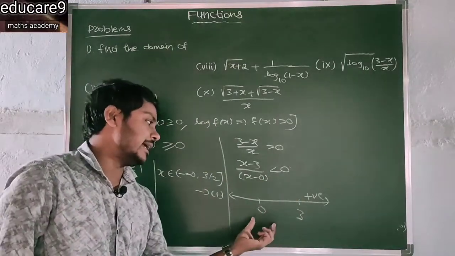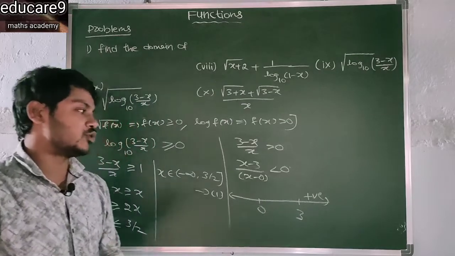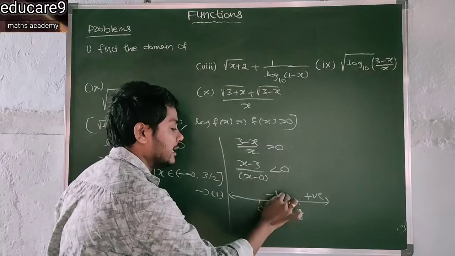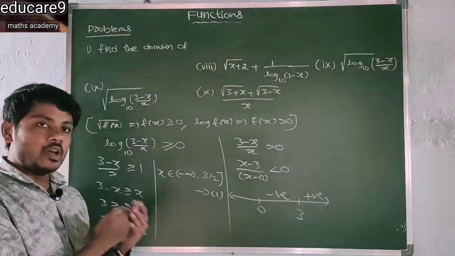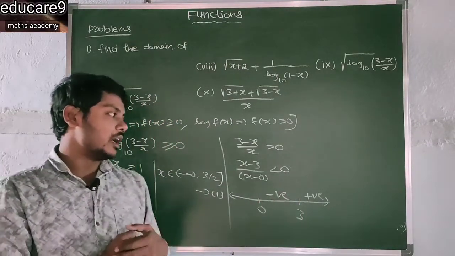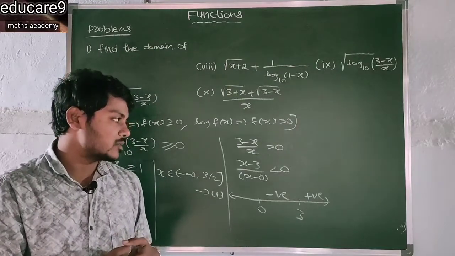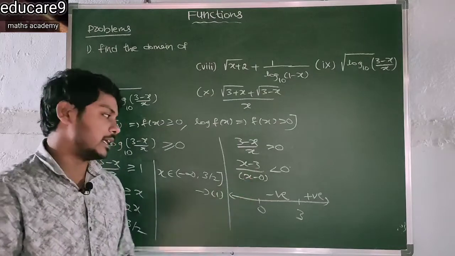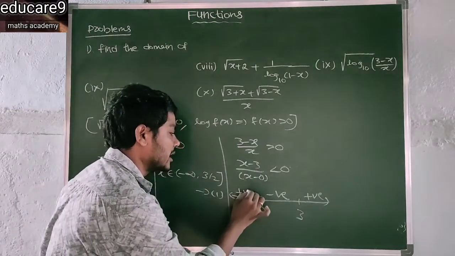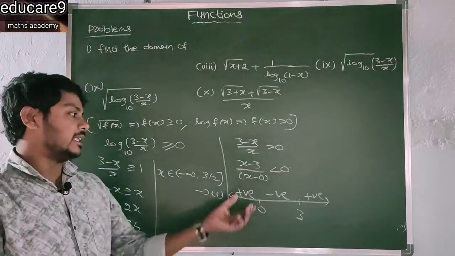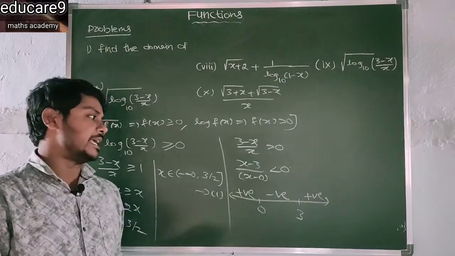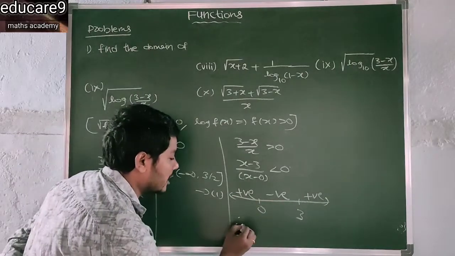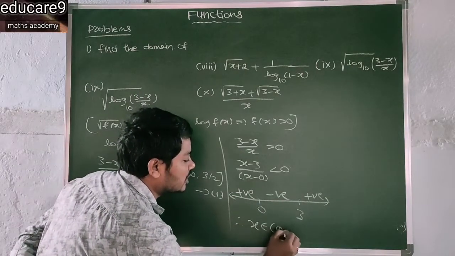If x lies in the interval 0 to 3, for example substitute 1: 1 minus 3 is negative, you get a negative sign. Below 0, for example x equals -1: -1 minus 3 over minus, you get a positive sign. So clearly this expression is negative where x belongs to 0 to 3. Therefore here x belongs to 0 to 3.